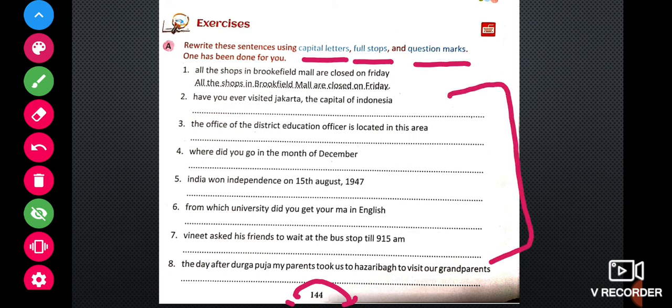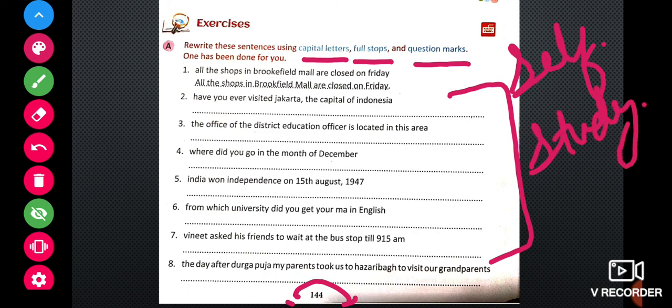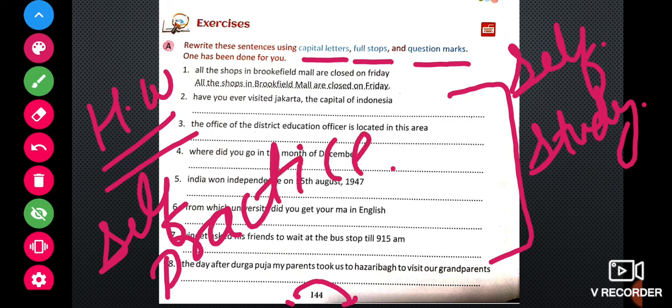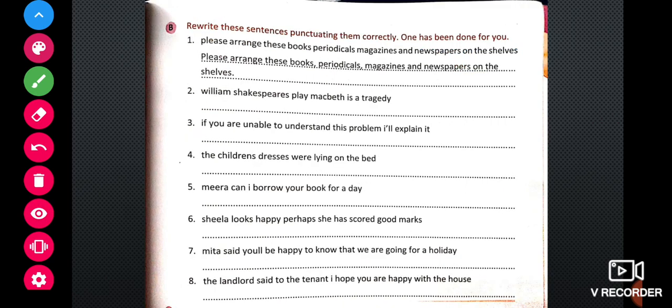So this is your self study exercise. This is like your homework. This is like your self practice work. If you face any doubt here, you can ask me anytime.